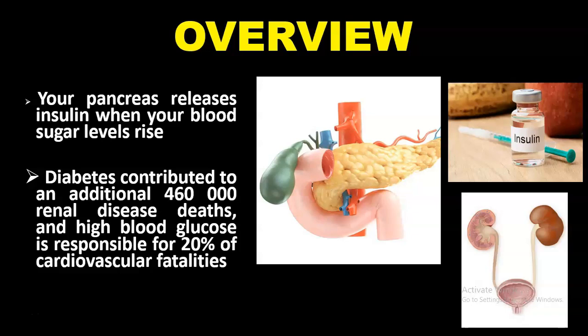When you have diabetes, your body either produces insufficient insulin or uses it improperly. Too much blood sugar remains in your bloodstream when there is insufficient insulin or when cells cease reacting to insulin. That can eventually lead to major health issues like renal disease, eyesight loss, and heart disease.